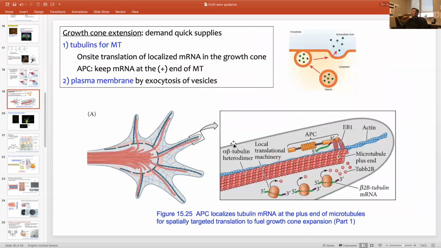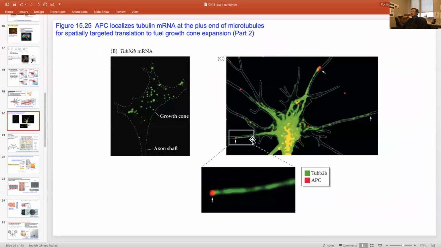APC is also facilitating the translation of the tubulin messenger RNA. This shows that APC is present in the tip of the growth spike over here, and here's the tubulin messenger RNA shown here.